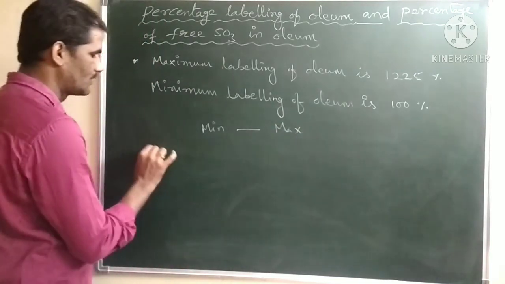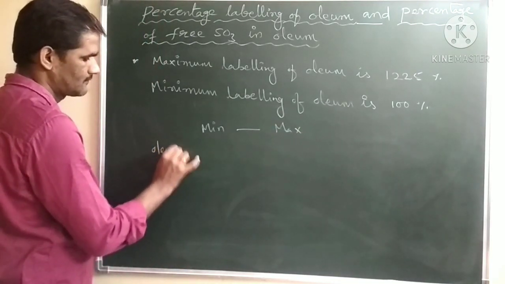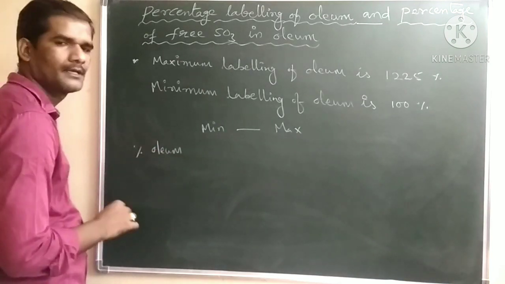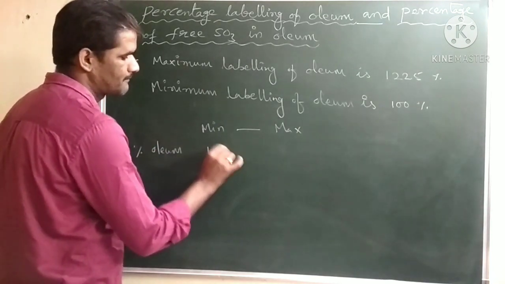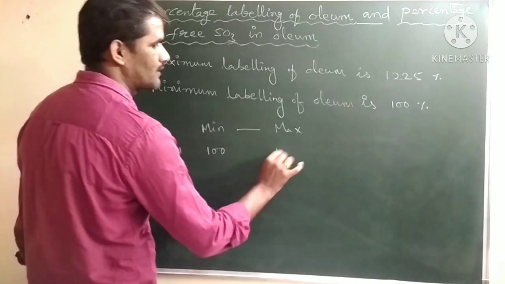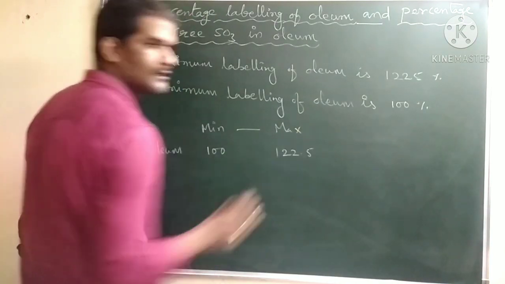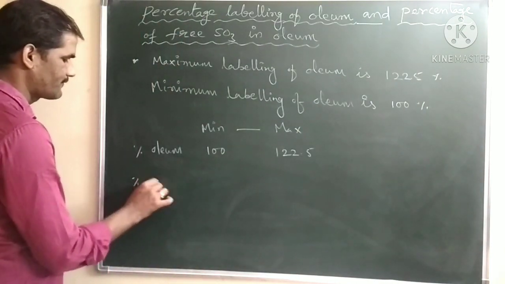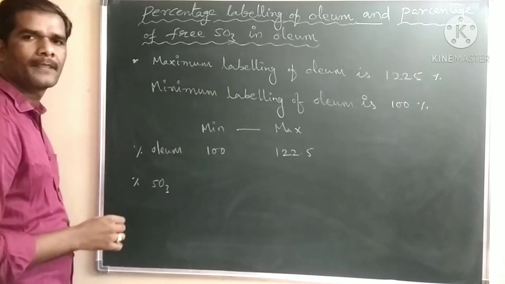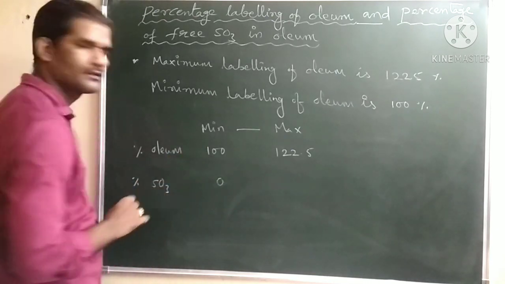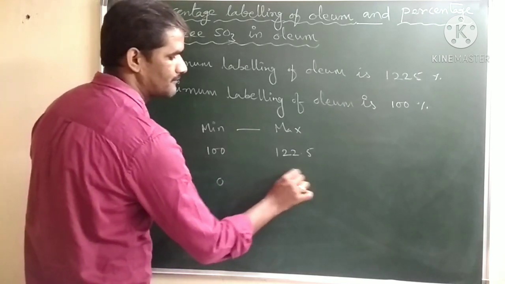In case of oleum labeling, the percentage of oleum minimum is 100 and the maximum is 122.5. For percentage of free SO3, the minimum is 0 and the maximum is 100.